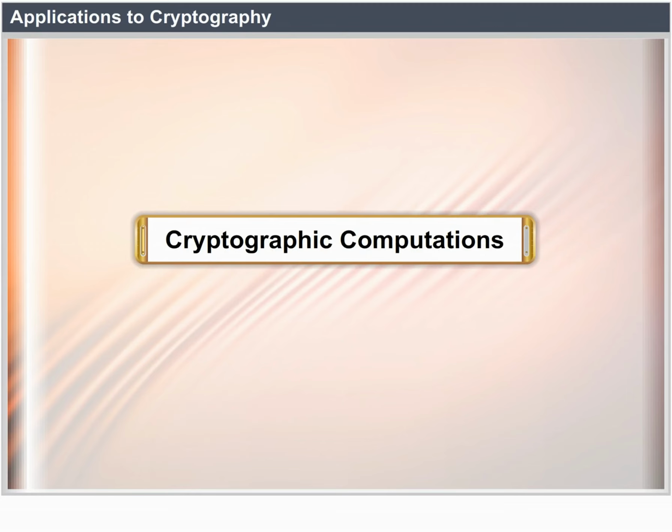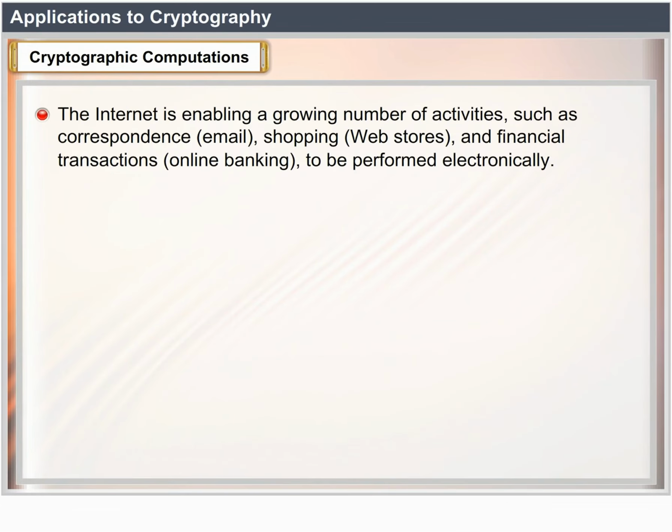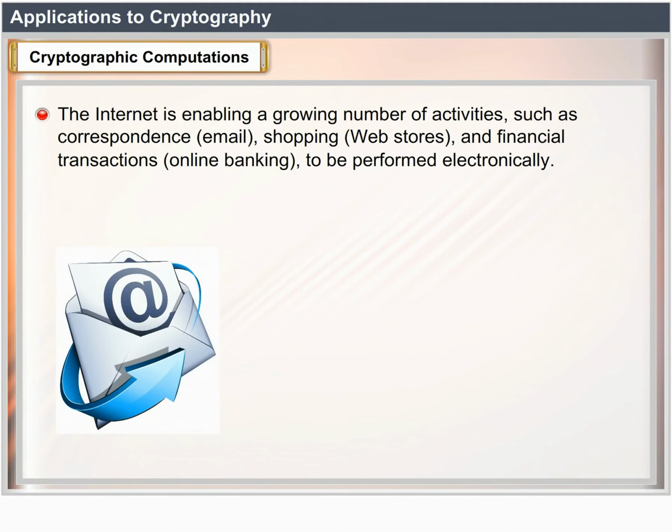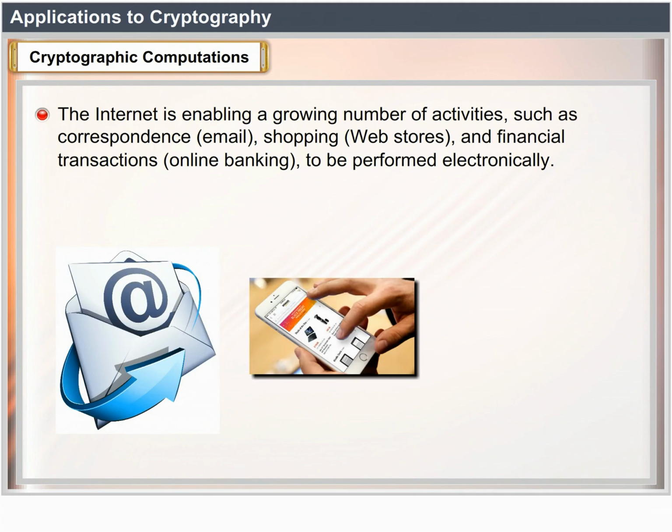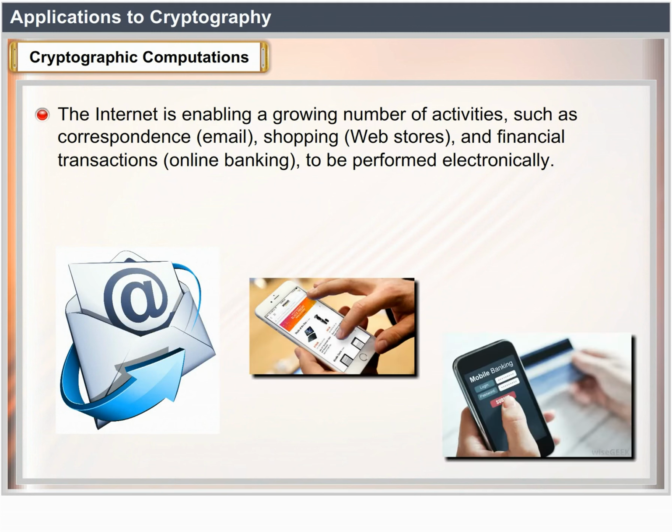Applications to cryptography. Cryptographic computations. The Internet is enabling a growing number of activities such as correspondence, for example email, shopping, for example web stores, and financial transactions, for example online banking, to be performed electronically.